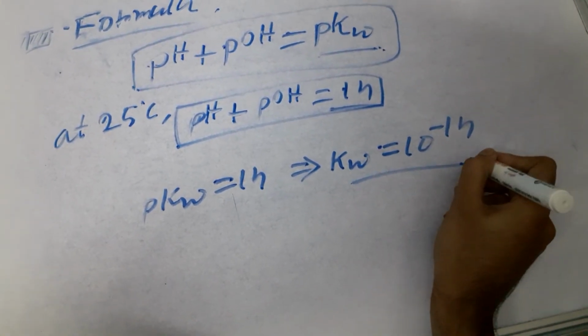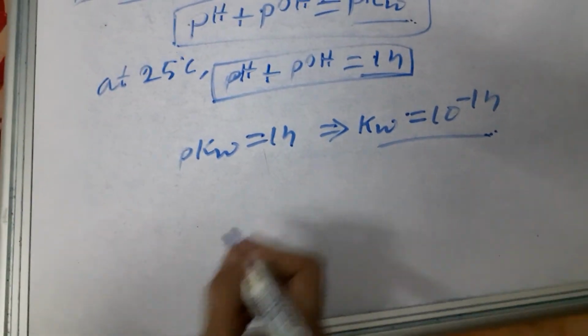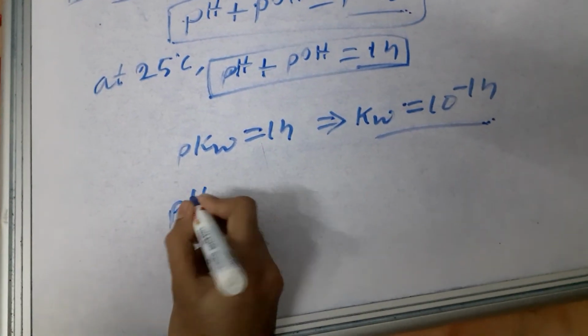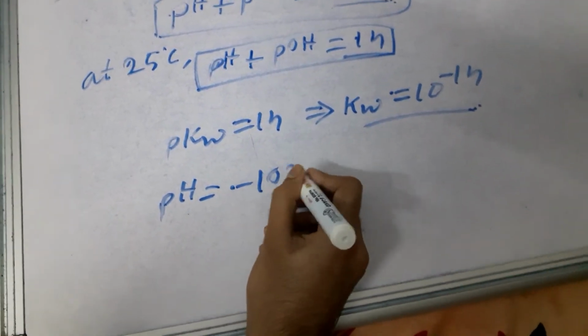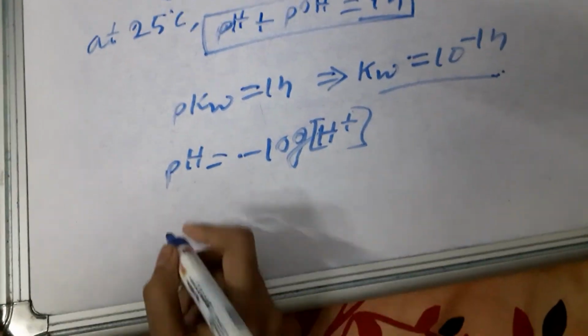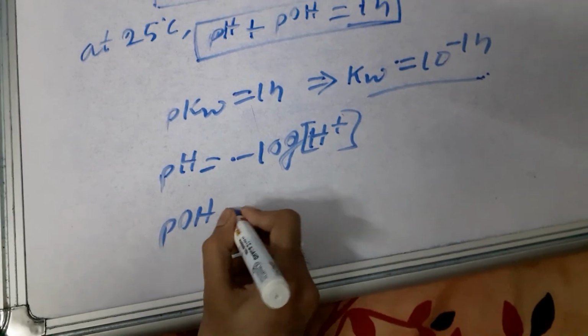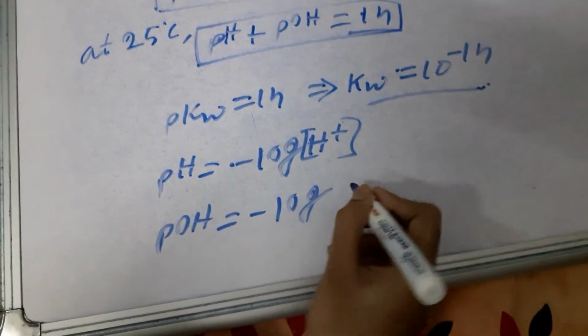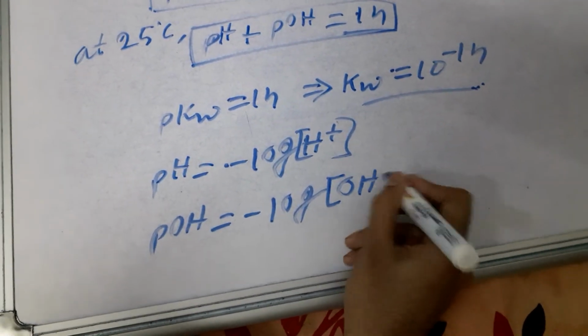There is also a similar formula: pH equals minus log of H plus, and pOH equals minus log of OH minus.